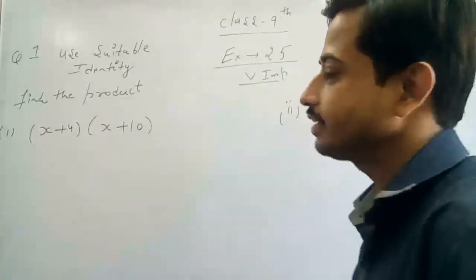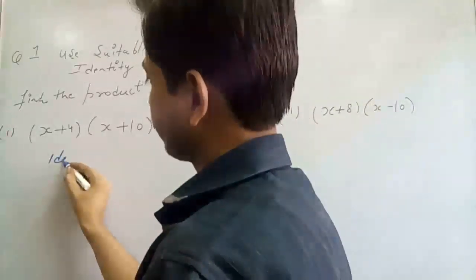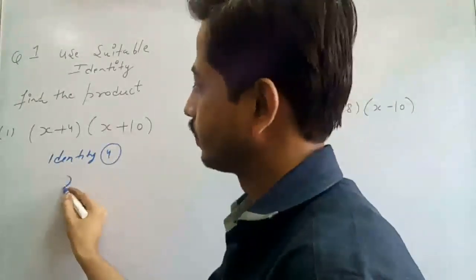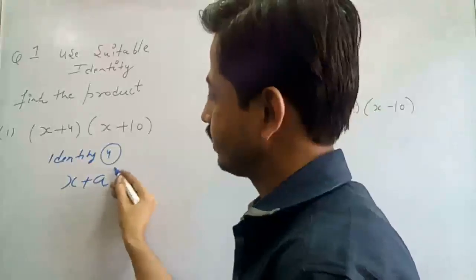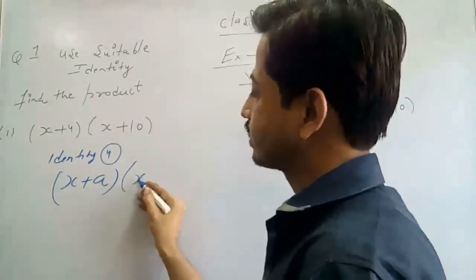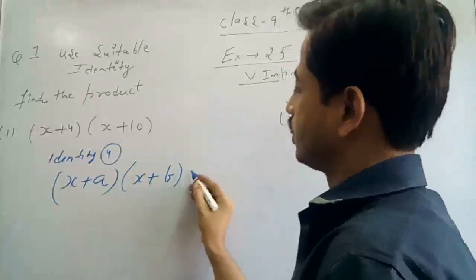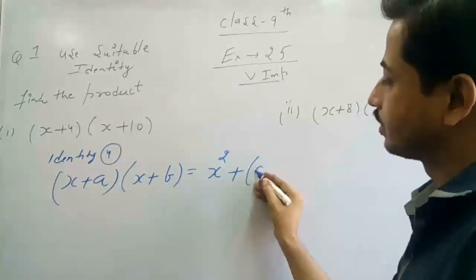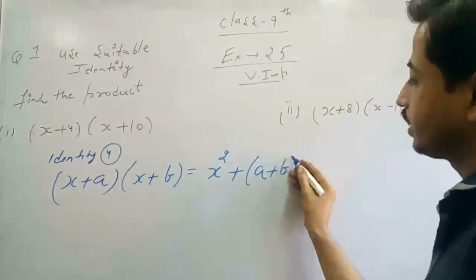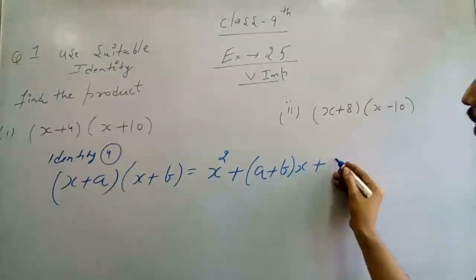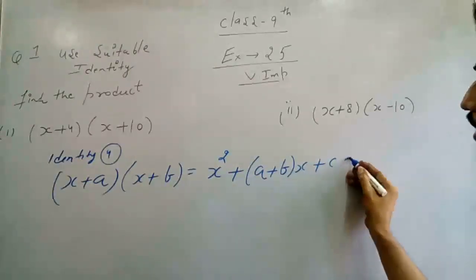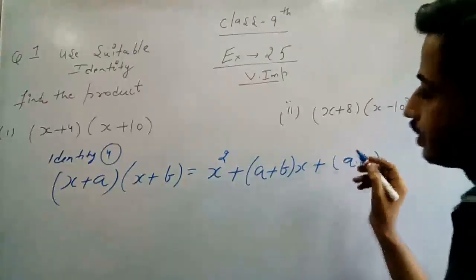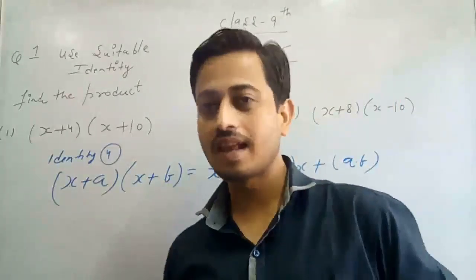I am writing the identity. (x + a)(x + b) is equal to x square plus (a + b) into x plus a into b. It's an identity.